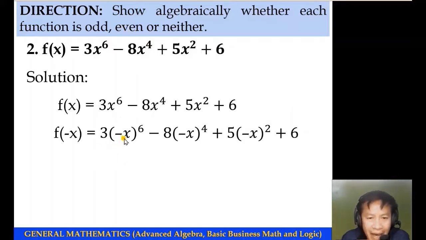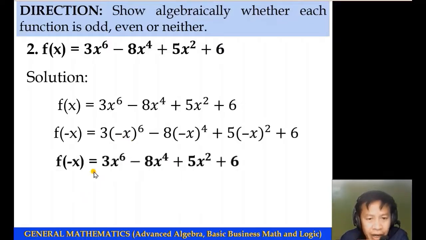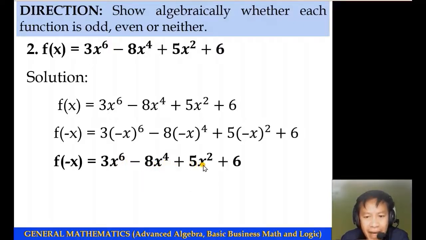So this is negative x raised to 6 is equal to positive x raised to 6, because negative 1 raised to 6 is equal to positive 1. 1 times x raised to 6 is x raised to 6, times 3. Therefore, we have the result 3x raised to 6 minus 8x raised to 4 plus 5x raised to 2 plus 6.